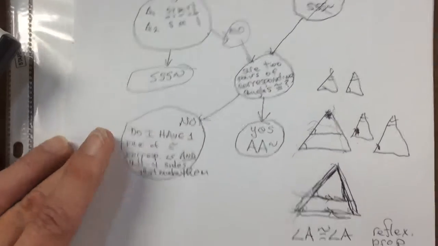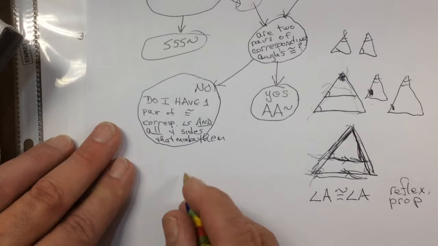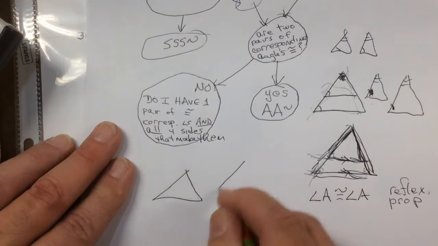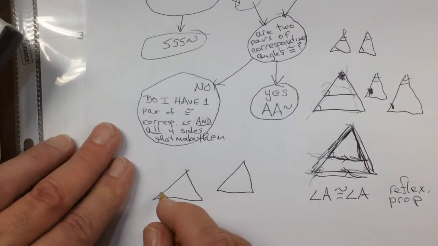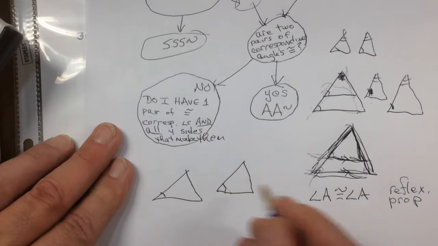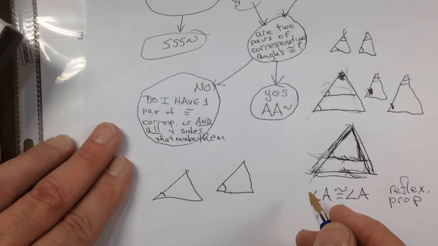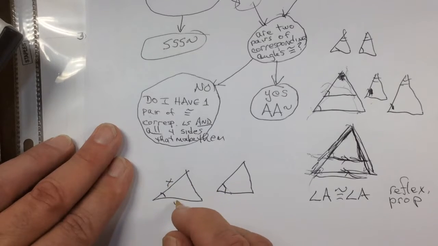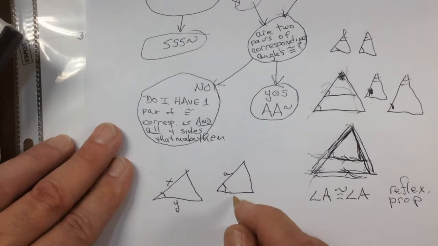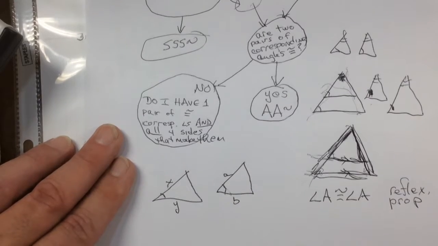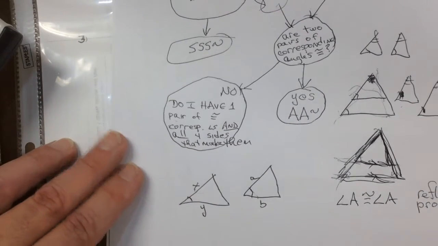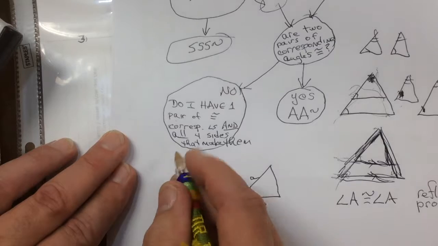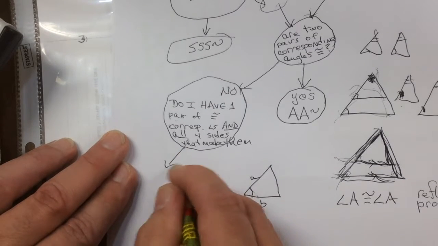What does that mean? Well, it means this. If I have one pair of corresponding angles that are congruent, and I have this measurement, this measurement, this measurement, and this measurement, all four of them, then there's one more chance to show that these triangles are similar.